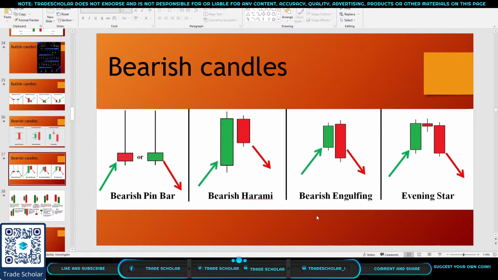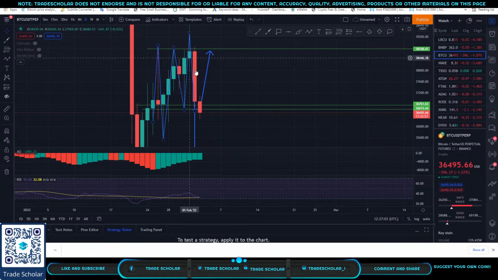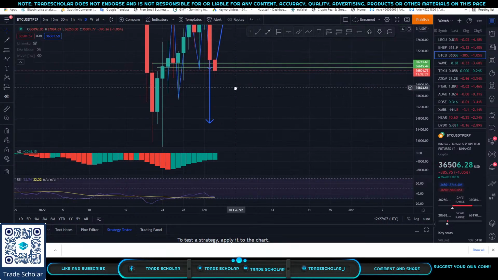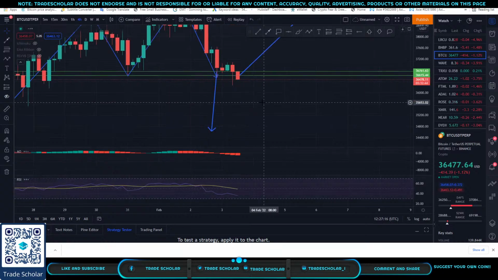Small green, big red. This is a bearish engulfing. The next candle is a bear candle. Because this is a bearish engulfing, the next candle is supposed to be a red candle. So the price target will be right here, 34,626.